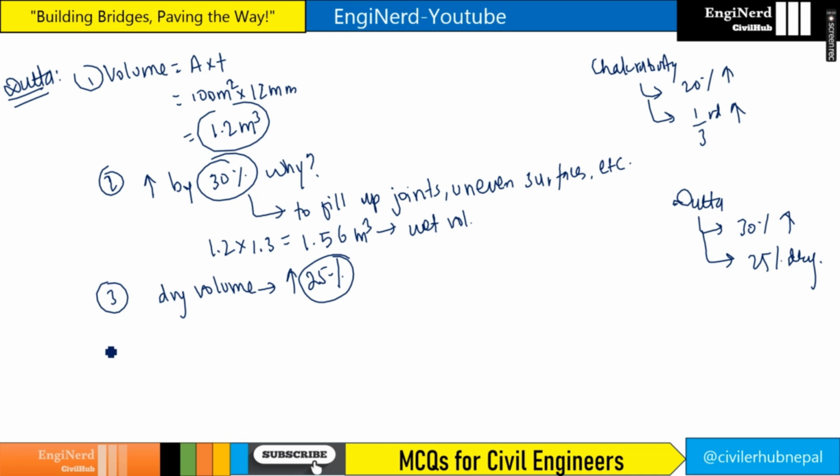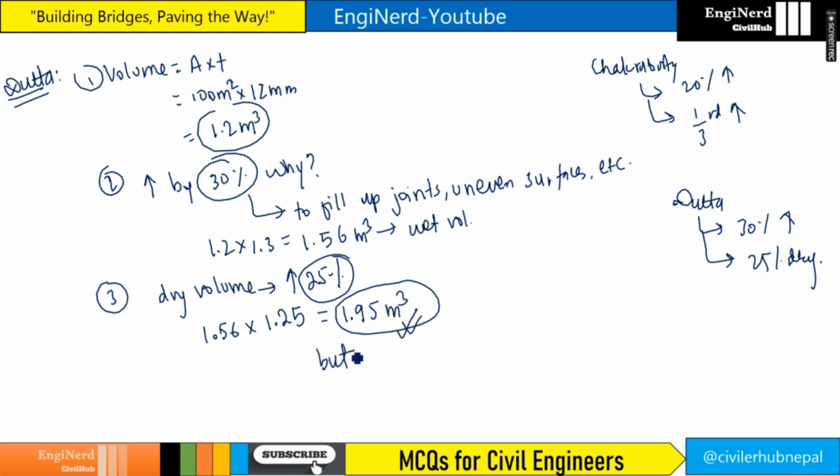So 1.56 into 1.25 gives 1.95. So 1.95 meter cube we get as dry volume.